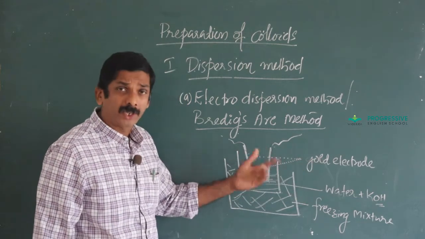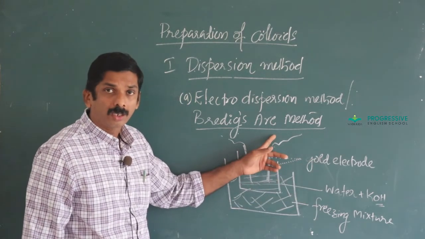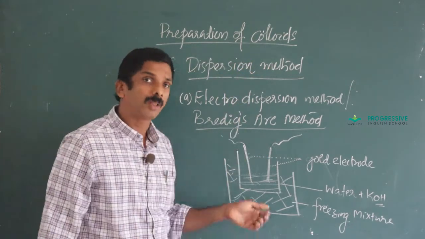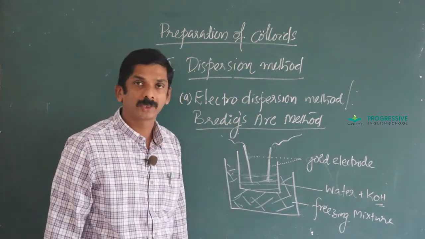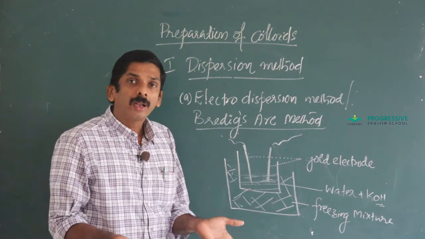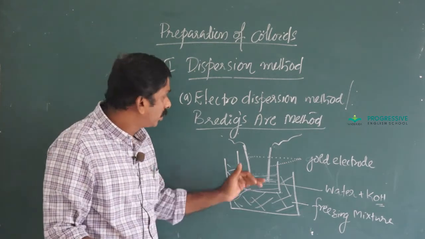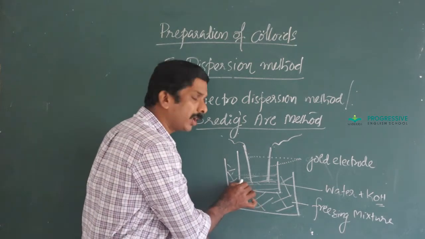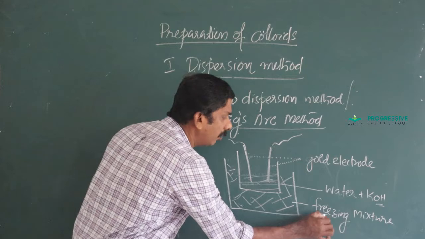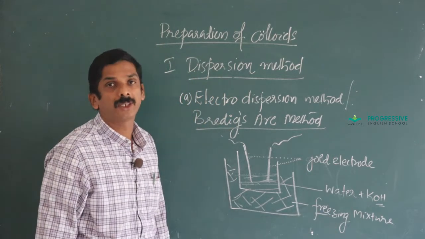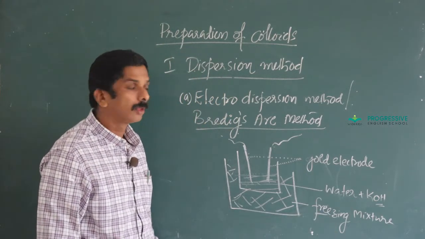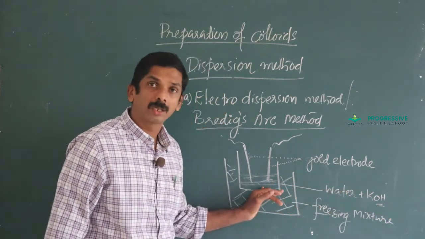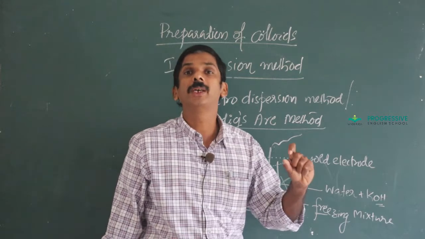Due to the intense heat of the arc, the metal vaporizes, and these vapors readily condense into colloidal particles since it is immersed in a freezing mixture. The function of alkali along with water is to stabilize the colloid.